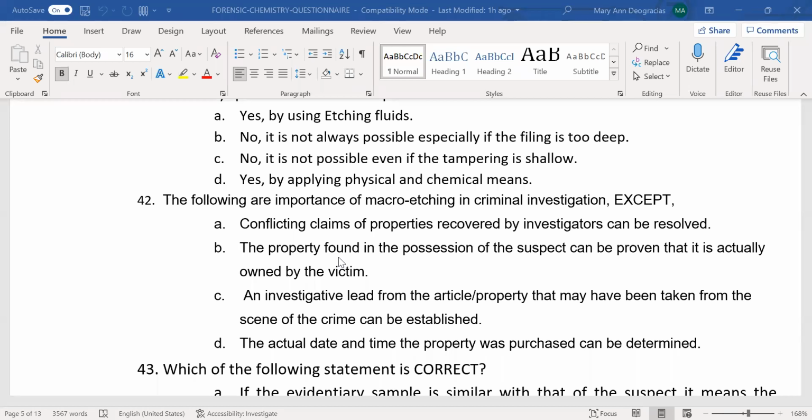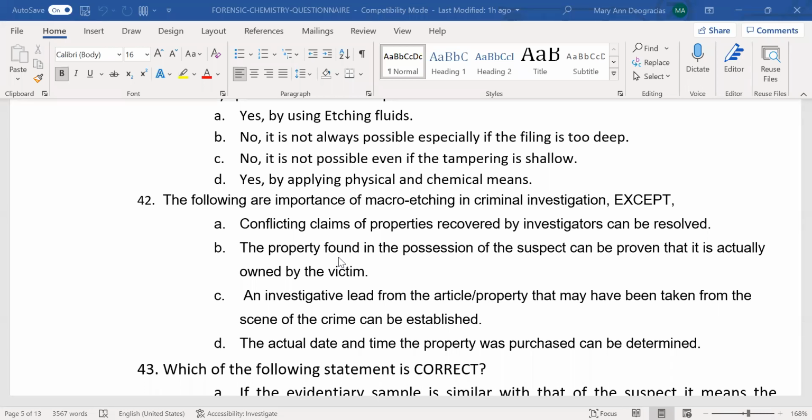Ayan. Letter C, an investigative lead from the article property that may have been taken from the scene of the crime can be established. Kasi sa theft to di ba? So ninakaw yung motor. So wala siyang maipakitang papel, o kaya nahuli yung suspect. Wala maipakitang papel. Tapos ni-report sa police station na nawawala itong property na to.